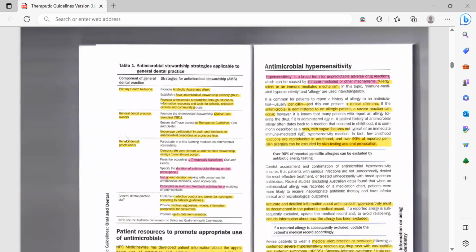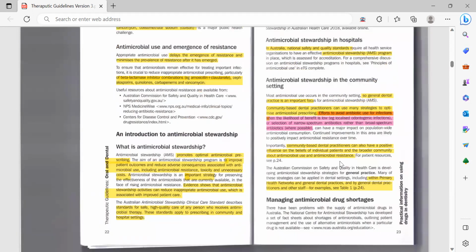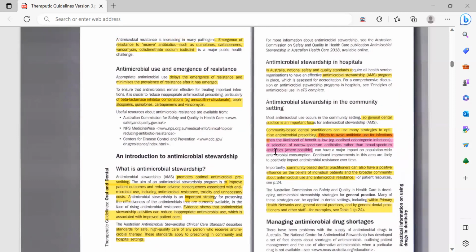These things are not very important from the exam point of view, but you should know that there is this strategy which helps dentists understand that you should not be prescribing antibiotics to anyone. For example, efforts to avoid antibiotic use for infections when the likelihood of benefit is low.